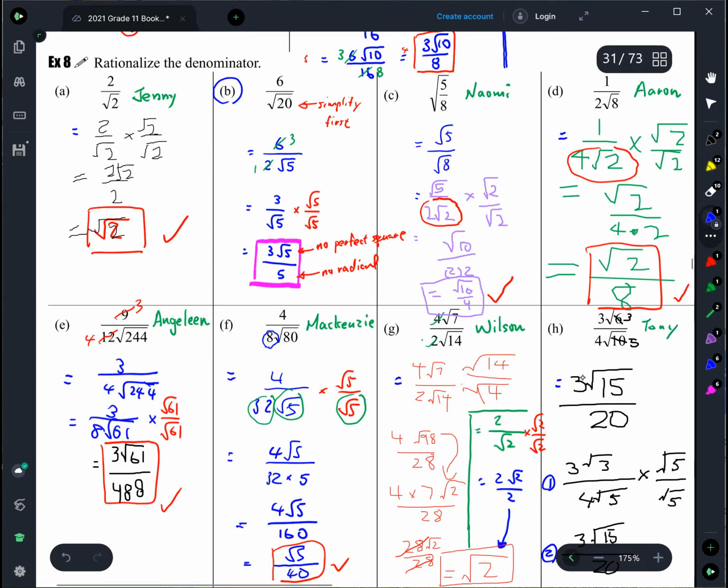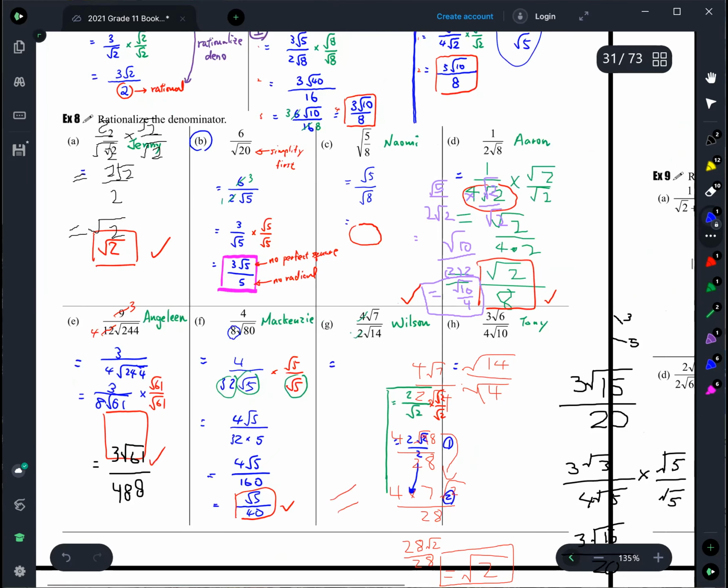And if there are any mistakes, you can write down the correct steps. All right, so let's move on to the next part, right?